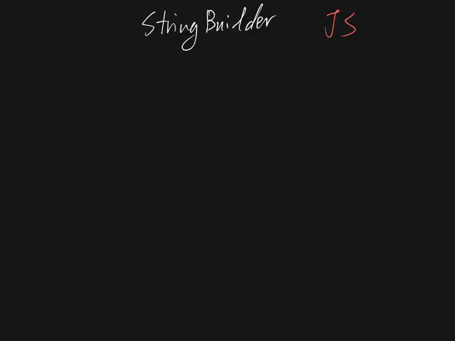Okay, what is a string builder? Why do you need that? Why do you want a string builder when you can just add two strings together? Well, the point here is actually a remedy of a problem that we have. In most popular programming languages, strings are immutable, meaning after initialization, you can't change them at all.